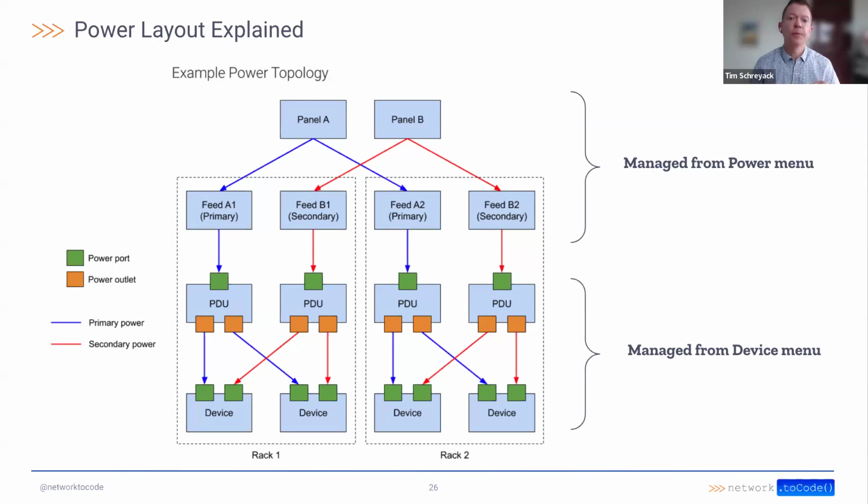Just to clarify, those top bits, coming from the panel to the feed, are managed from the power menu within Nautobot. From the PDU to the device is managed from the device menu. So just to help make sure you understand those components and where you would go as you're trying to model those in Nautobot. You can model that full path in two slightly separate sections within Nautobot.